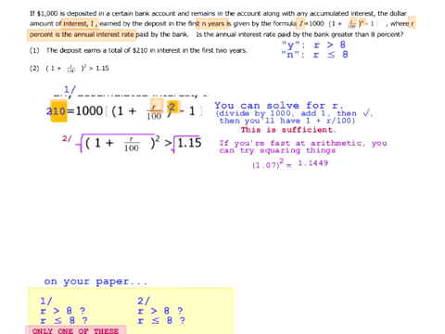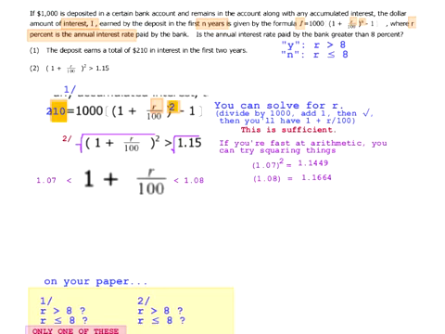And if you square 1.08, then you get, I'm doing this with a calculator, but you could do it out on paper, 1.1664. So I know that this is going to be somewhere between 1.07 and 1.08, just by squaring numbers.